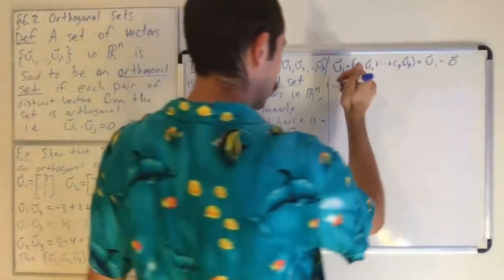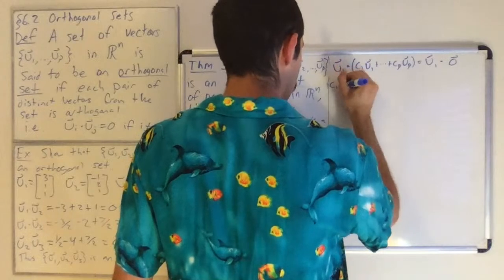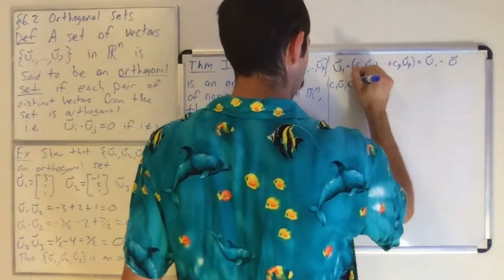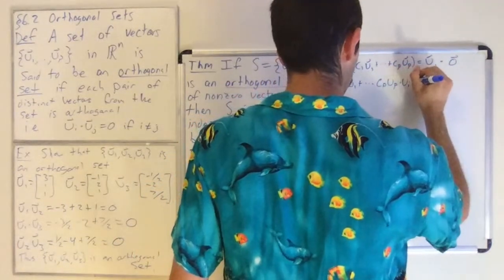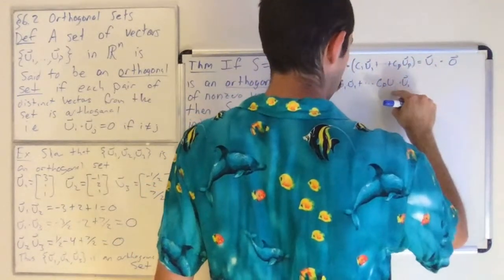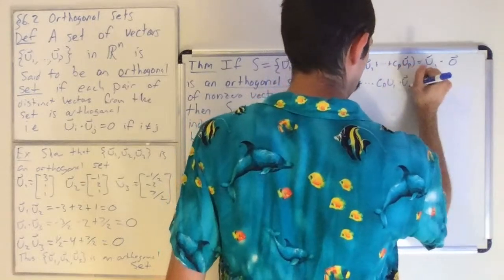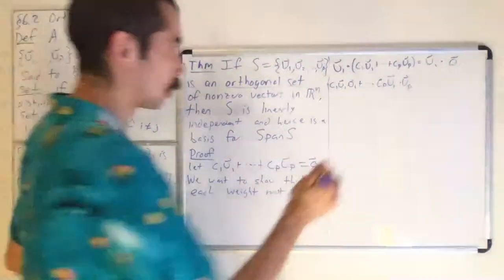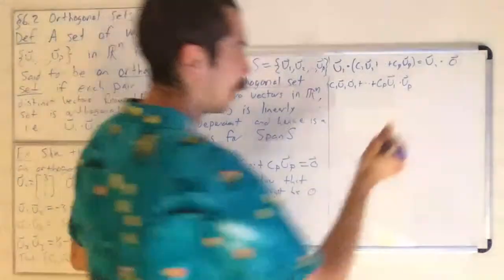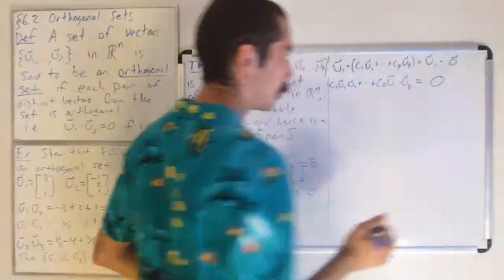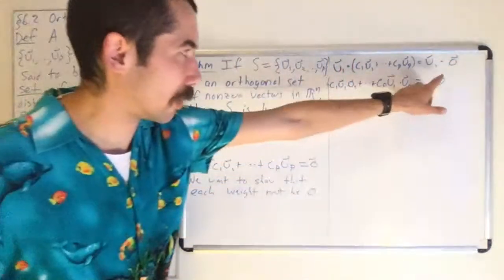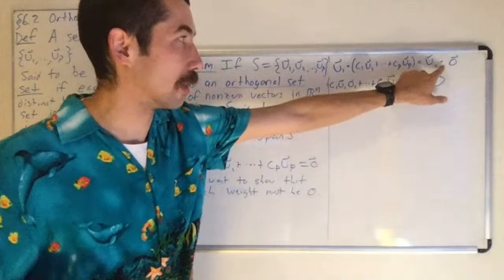So this becomes c1 u1 dotted with itself plus cp up dotted with u1. I guess we should keep the order right. And then anything dotted with 0 is 0. And this is a number here, not the vector, right? When you take the dot product, you output a number.